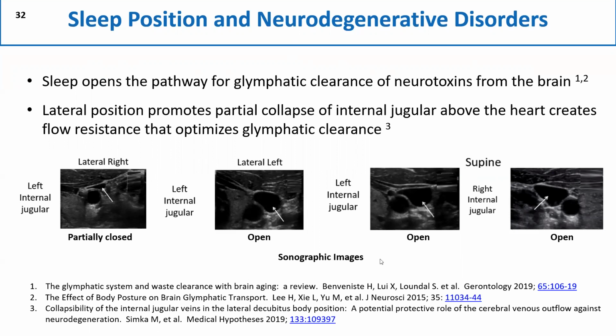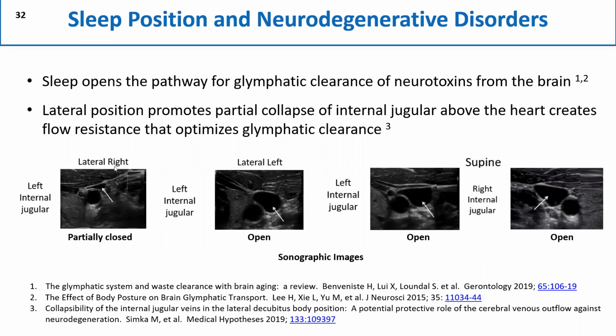There was a group in Poland after we published our paper, which was the first that associated supine sleep and neurodegeneration in humans. They did an imaging study using sonography, looking at the collapse or the non-collapse of the left and right internal jugular.